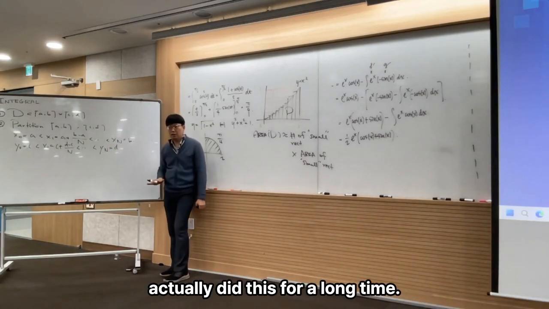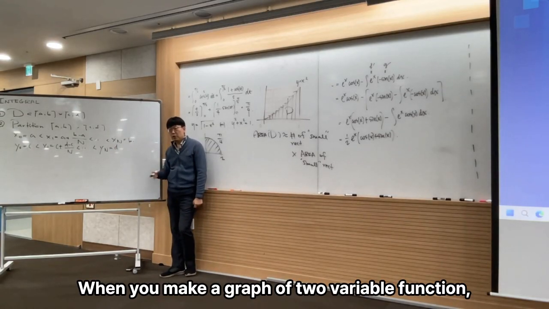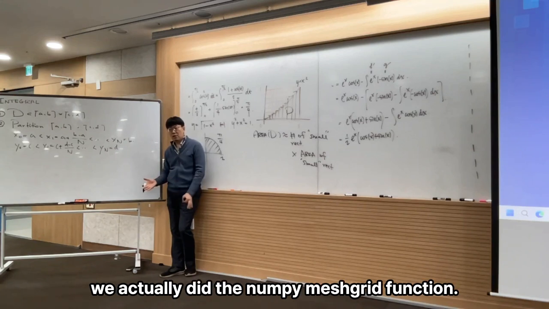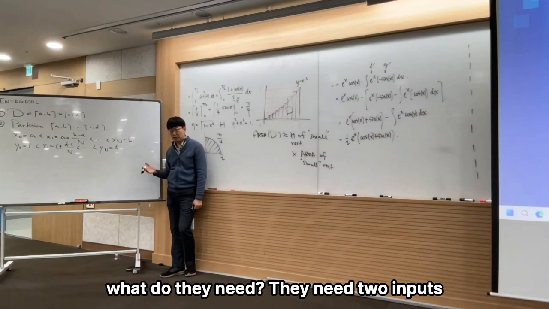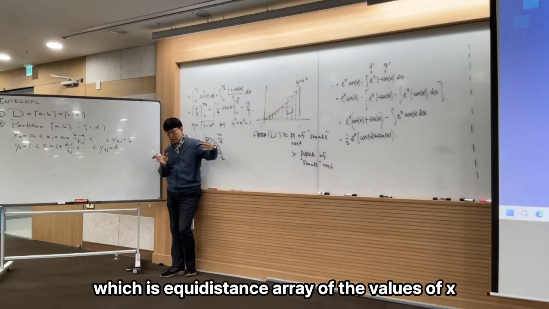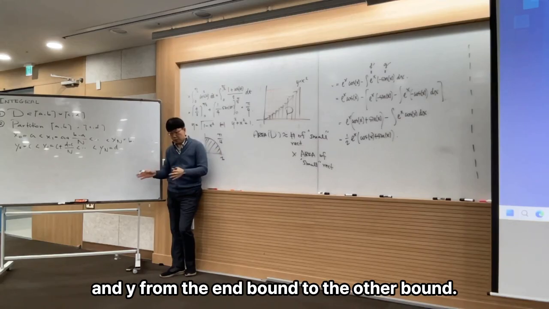We actually did this for a long time. When you make a graph of a two-variable function, we did the NumPy meshgrid function, right? Meshgrid, what do they need? They need two inputs, which are equidistant arrays of the values of x and y from one bound to the other.